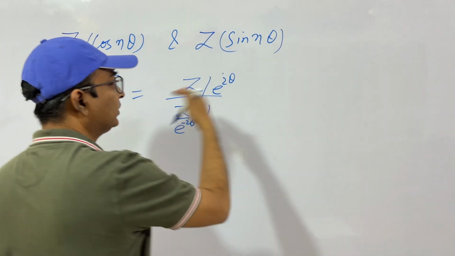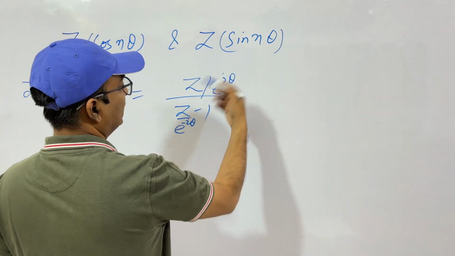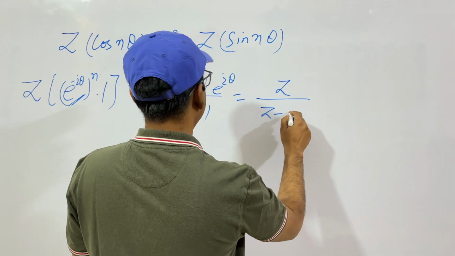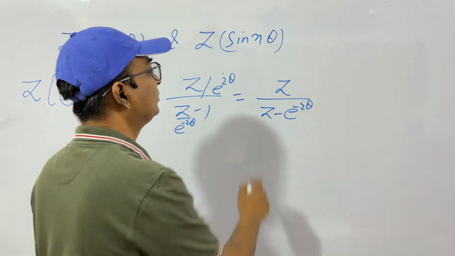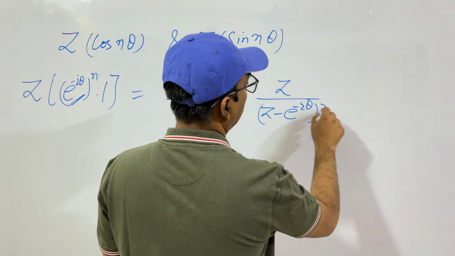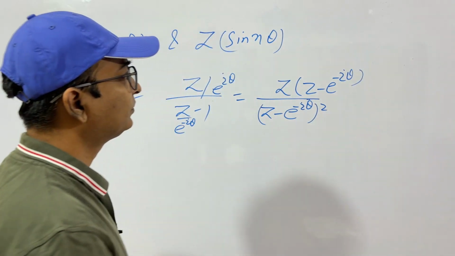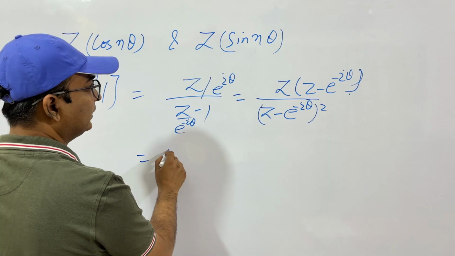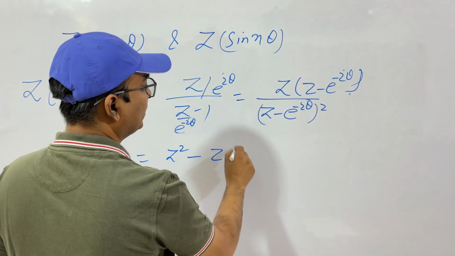Now let's expand this so that we can separate the real and imaginary parts. If you simplify it, what you'll get is z by z minus e to the power minus i theta. This is your result. Now what you can do is multiply it by the conjugate. Okay, you have multiplied it. So what you get is z squared minus z e to the power minus i theta.